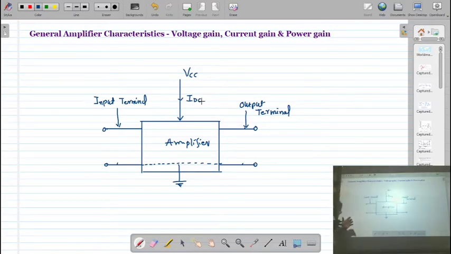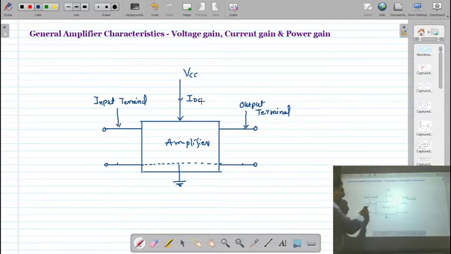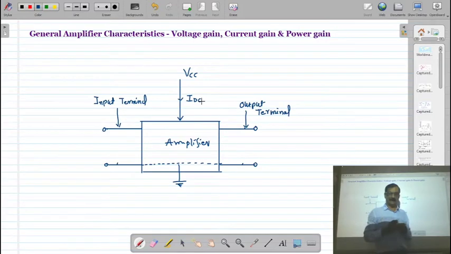Now, whatever signal you want to amplify is always connected at the input terminal of the amplifier. Suppose you are going to amplify the signal of a microphone. Then this microphone is known as the source for the amplifier.